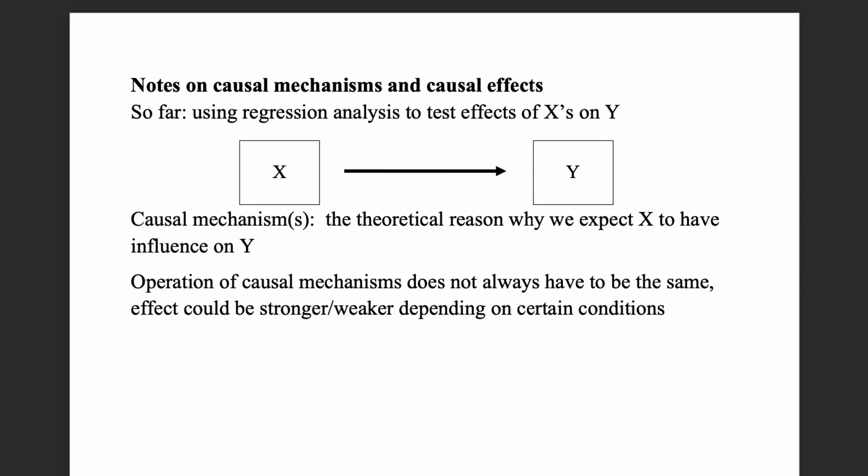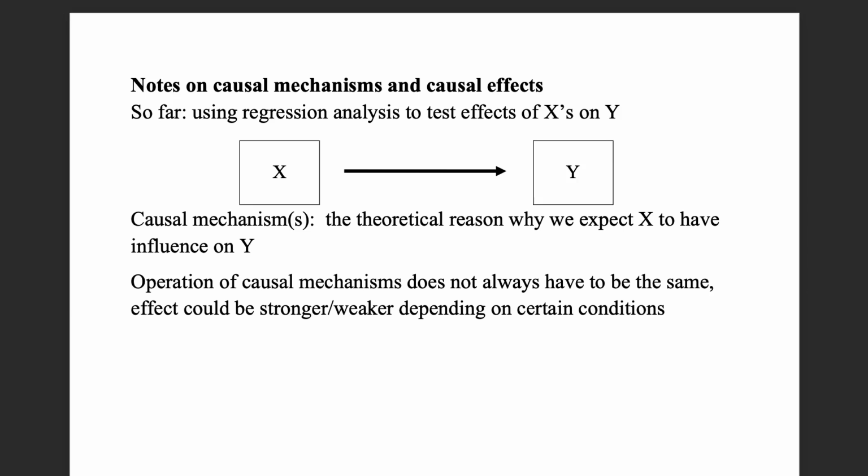So in other words, our theories will often not just tell us that there is a causal mechanism that leads to an effect that we should observe from X to Y, so from our independent variable to our dependent variable, but they will also tell us under which conditions we should see this causal mechanism operating stronger or weaker, or maybe not at all.